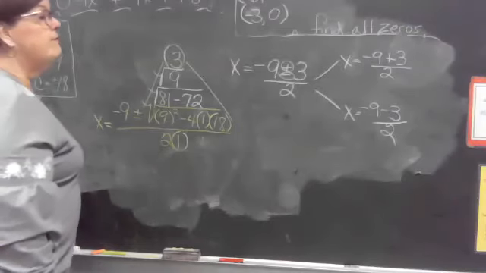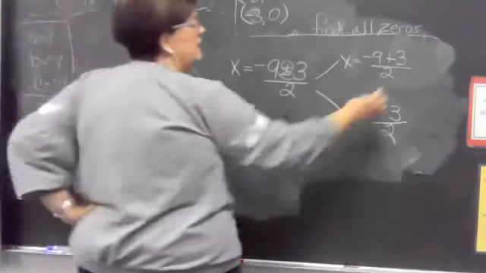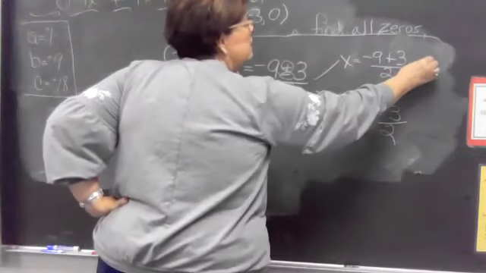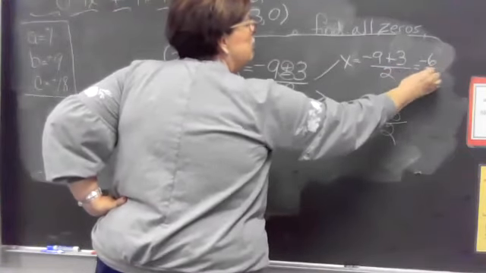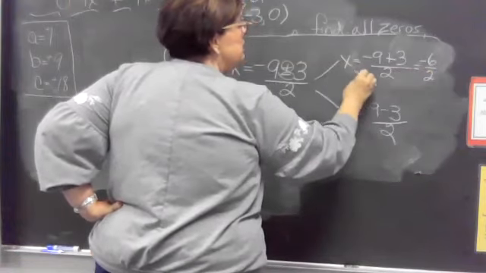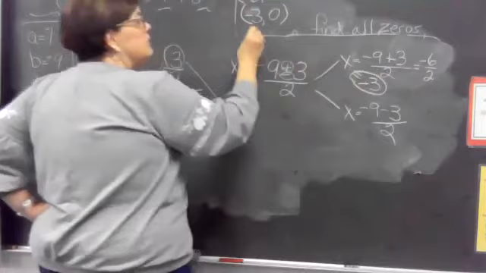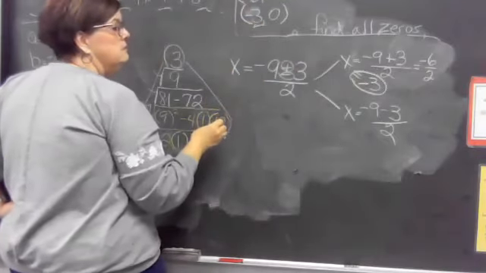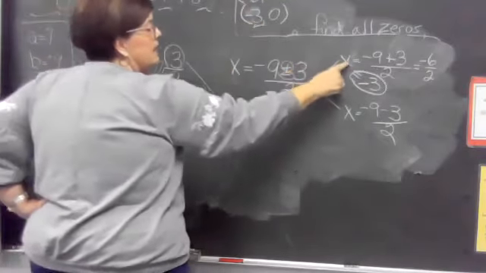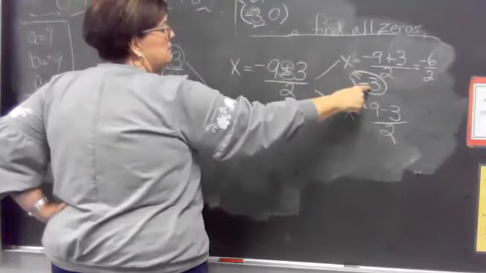And when we solve this, we're going to have a negative 6 over 2, which equals a negative 3. Here's our negative 3. That's where we put it because x equals that.